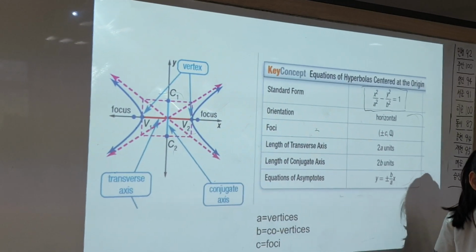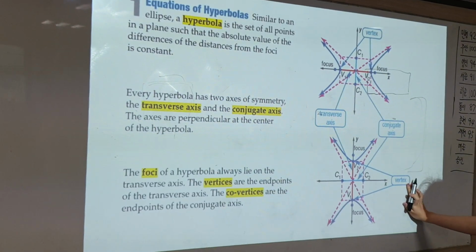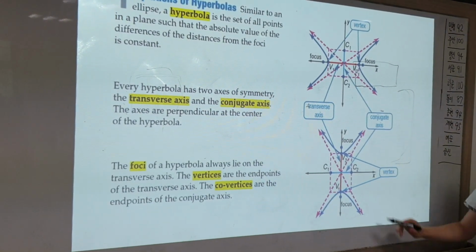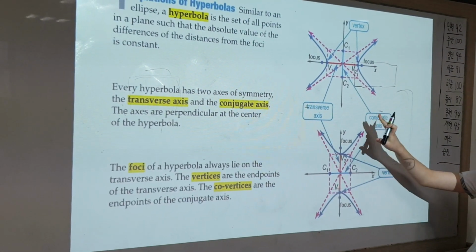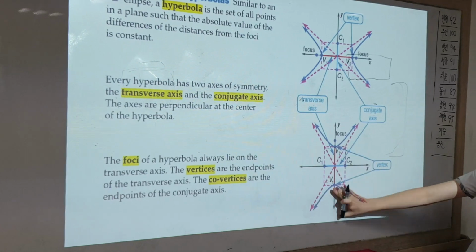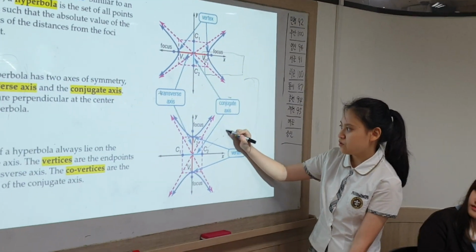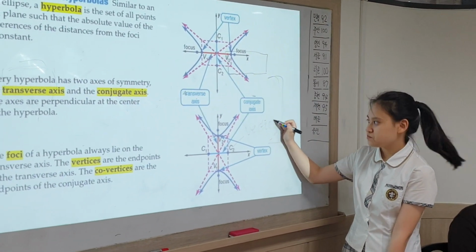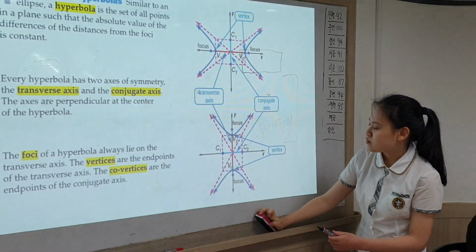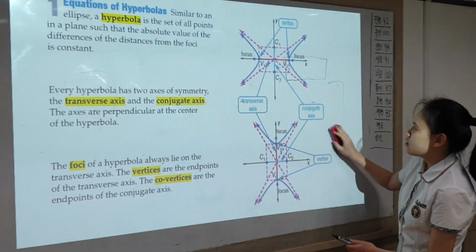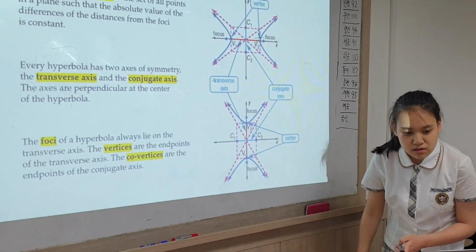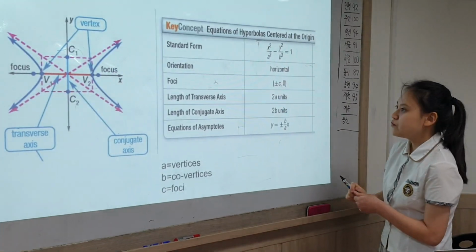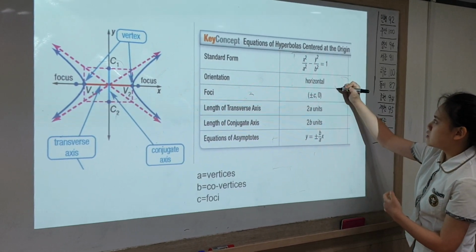However, if you see the previous slide, there is this graph, right? For this graph, the square is longer upward and downward. So this will be vertical. So going back to the formula, we're finished with the orientation.